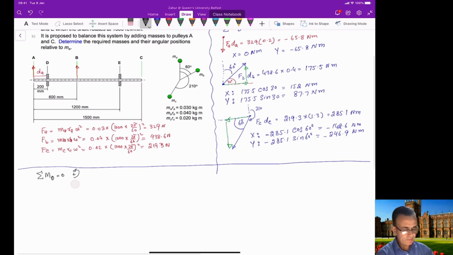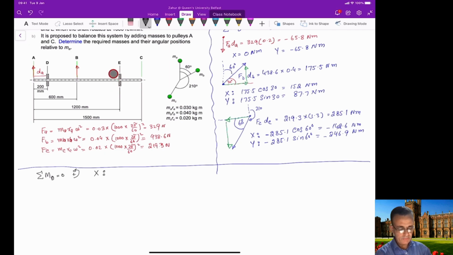So as you can see, if you look at this figure here, we can now split this into two components, x and y. If you take the x direction, this means the moments of all the forces split into the x direction. What do you have?